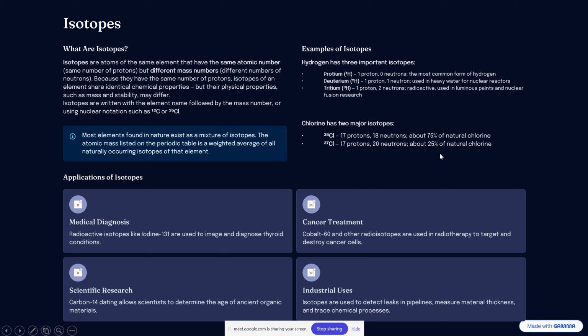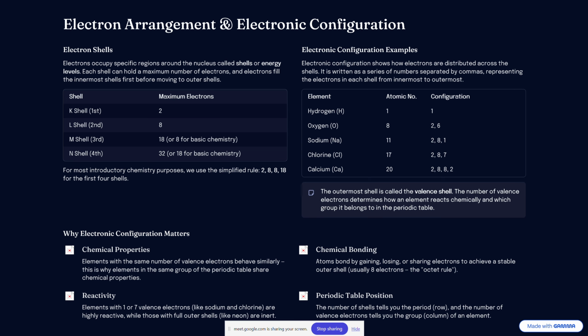So here, the relative abundance of chlorine 37 is 25%, and the relative abundance of chlorine 35 is 75%. These are some of the areas of application of isotopes: medical diagnosis, scientific research, cancer treatments, industrial uses, and all of that.